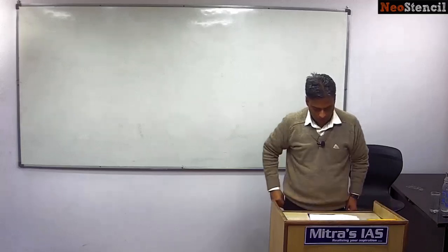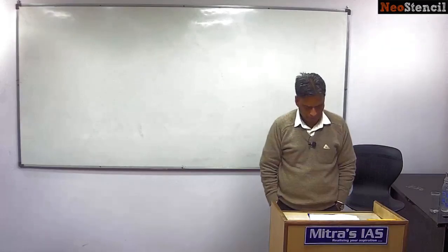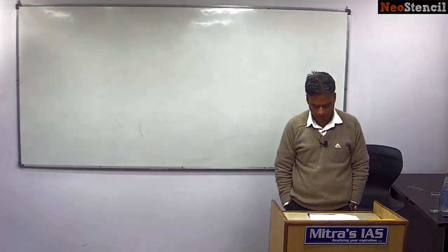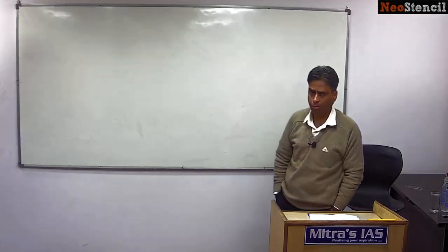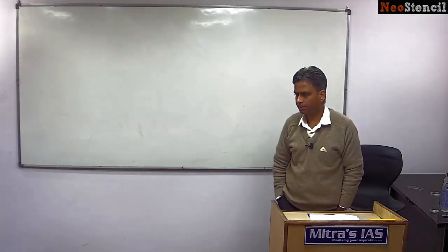Question number 13. Bring out the metaphysical implication of the second noble truth of Buddhism. So what is the metaphysical implication of the second noble truth? Pratyatya Samutpada is coming.